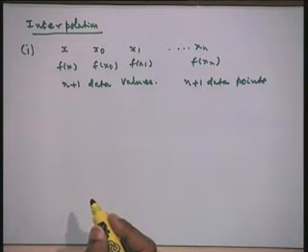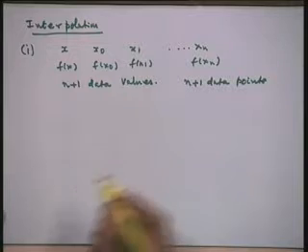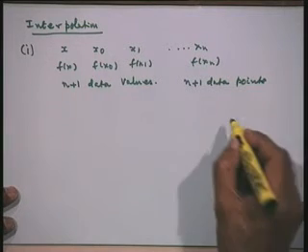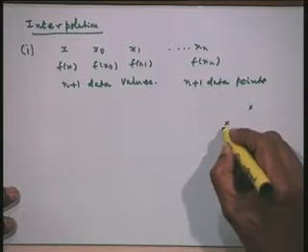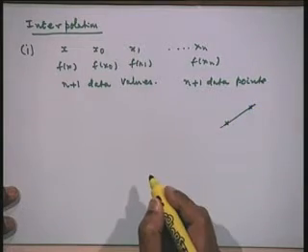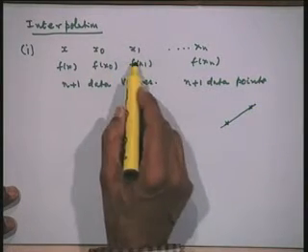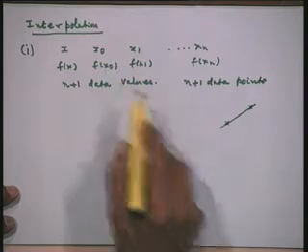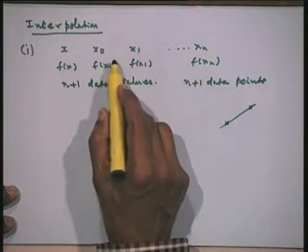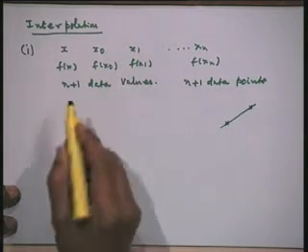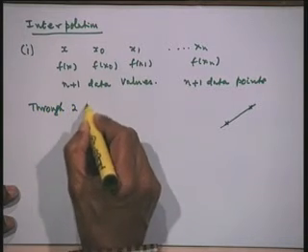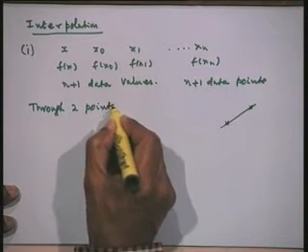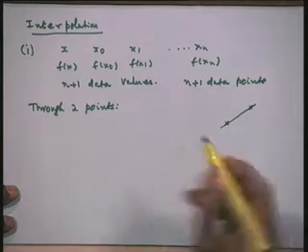Now, first of all, we know that in the 2 dimensional plane, if 2 points are given, I can always pass a straight line through these 2 points. That means, given 2 points, I can always construct a linear polynomial to go through them.